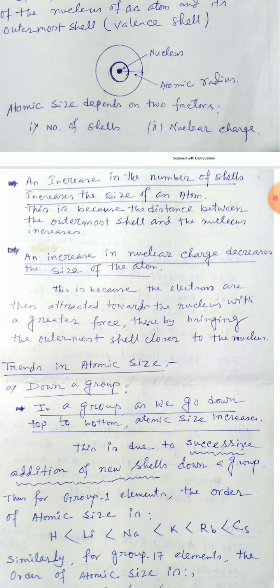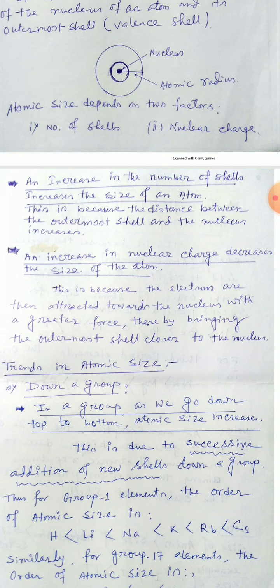Second factor, nuclear charge. Nuclear charge is the force of attraction between the positive charge of the nucleus and the valence shell electron. With an increase in the nuclear charge, that is the number of protons in the nucleus, the size decreases.